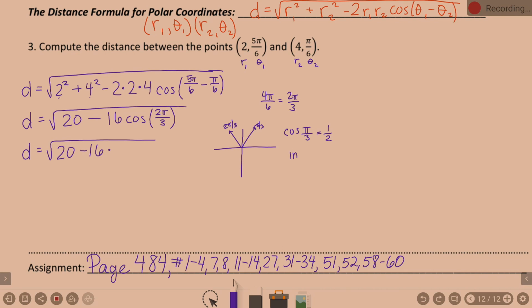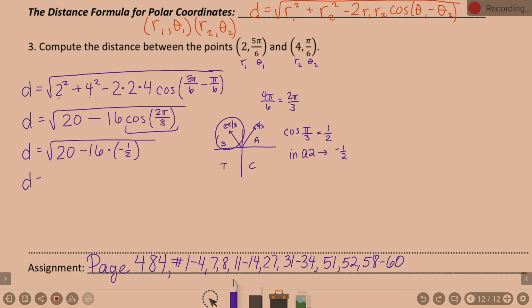So now we want to know what that means in quadrant 2. Well, all students take calculus. What do we know about cosine in this quadrant? Cosine is going to be negative. So in quadrant 2, it's going to be a negative 1/2. So we're going to replace cosine of 2 pi over 3 with negative 1/2.